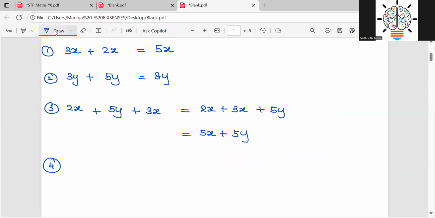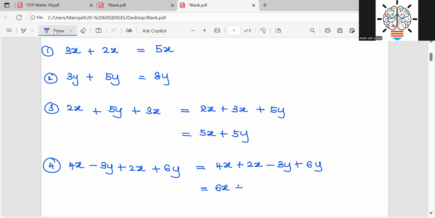Let's say you have 4x minus 3y plus 2x plus 6y. So what I do is write 4x plus 2x closer, and minus 3y plus 6y. 4x plus 2x is 6x, and minus 3y plus 6y is plus 3y. So 6x plus 3y, right?